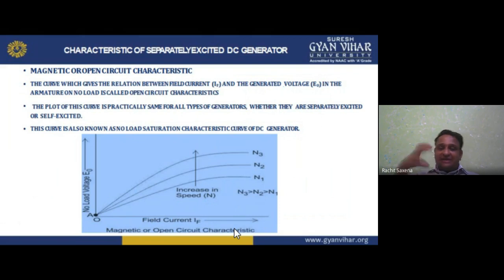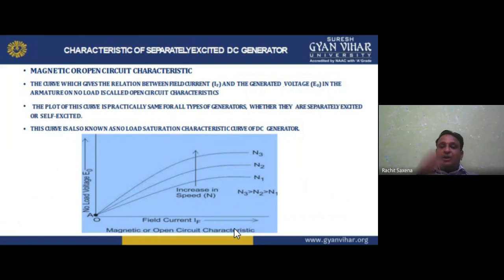Means in a separately excited generator, I am giving supply to the field, that is the field current. Through this, we get the EMF induced in the armature, that is the no load armature EMF or armature induced voltage at no load, because there is no load connected. So it is also called no load characteristic or open circuit characteristic.